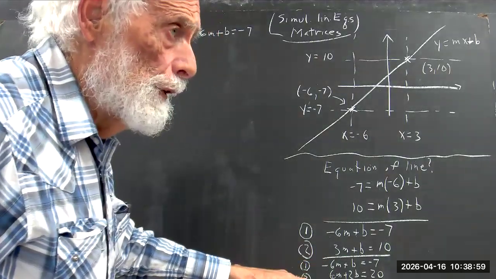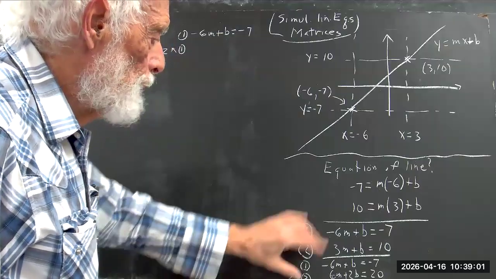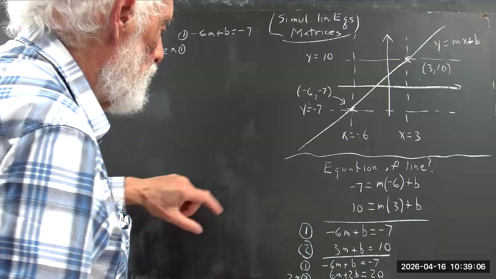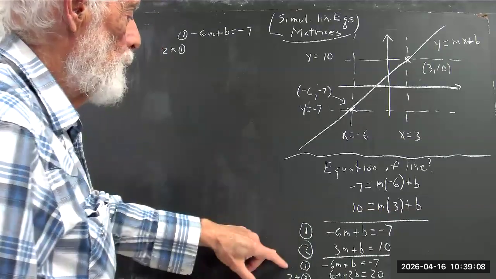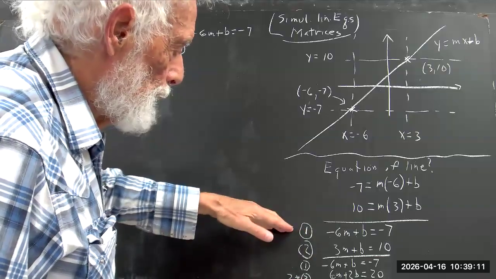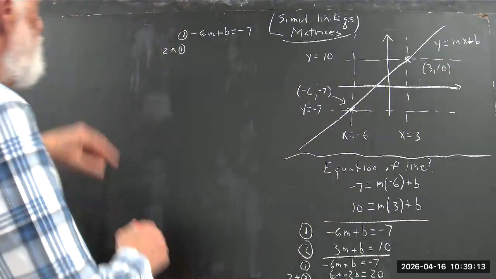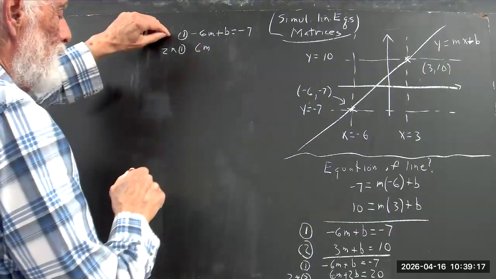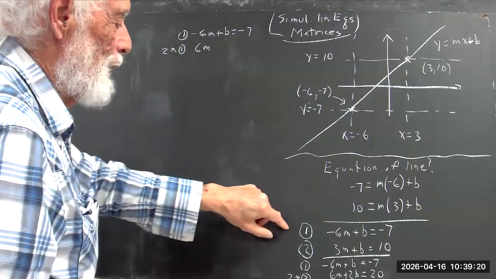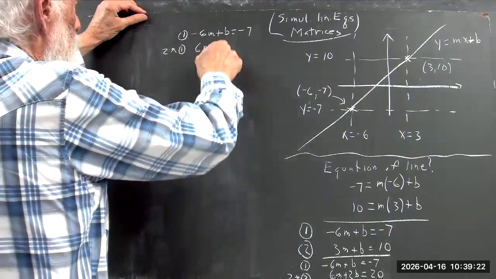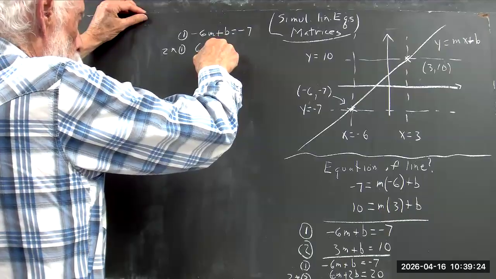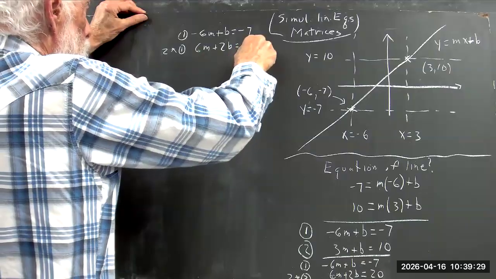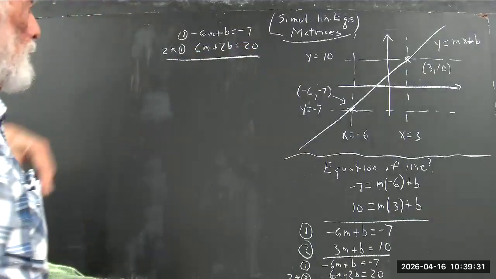Every time I rewrite the equations, equation 1 is always going to be the equation 1 in the previous set of equations. So I'm doing 2 times equation 2 from the previous set, and this equation 1 is the same as the original equation 1. I just want to clarify that.